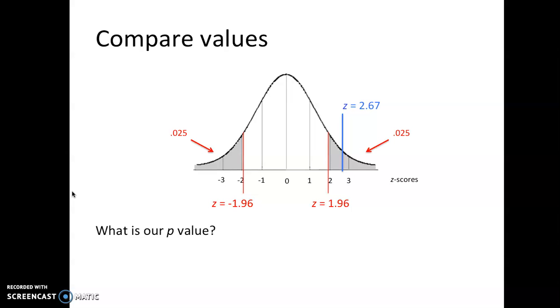Well, only 2.5% of scores exist in each critical region for this two-tailed test. So the likelihood that we would get a z obtained value greater than positive 1.96 or negative 1.96 is less than 5% in total. So the chance of making a type 1 error by rejecting the null hypothesis when we should have retained it is less than 5%. Thus, the p-value is less than 5%.